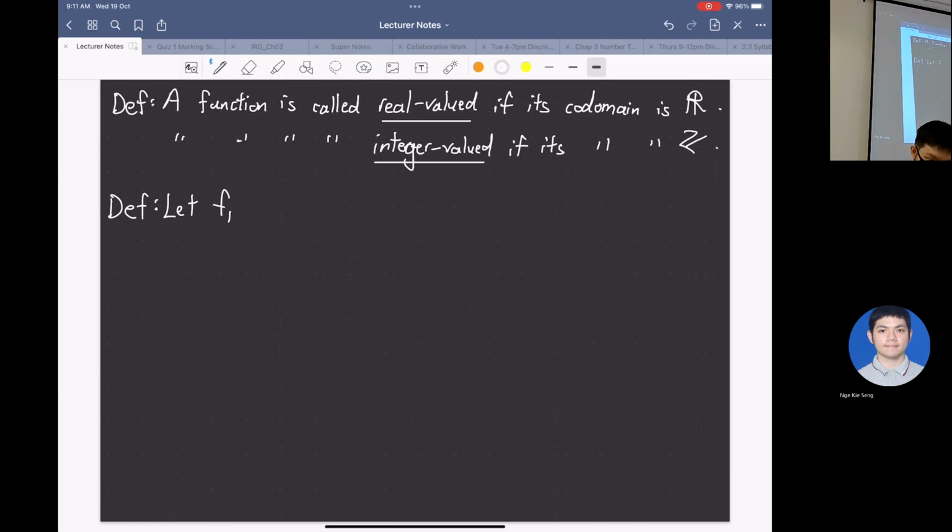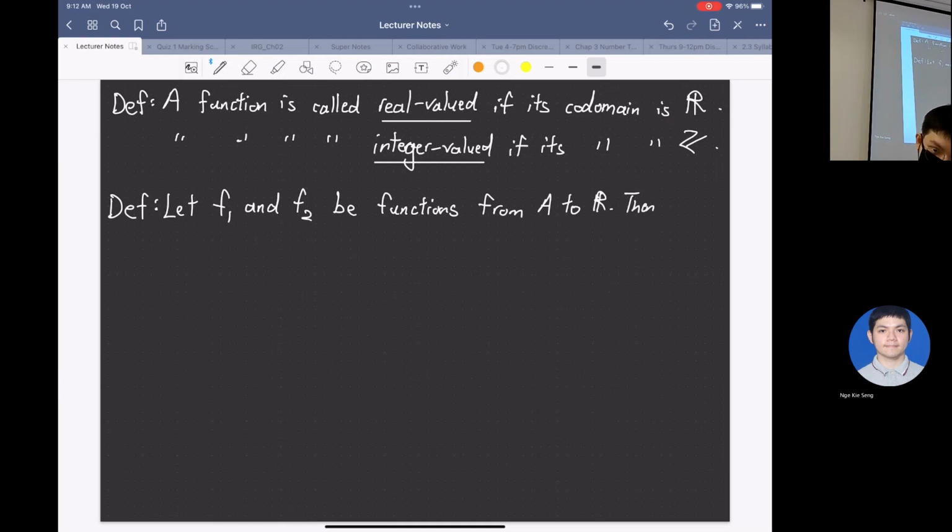Similarly, functions also have an algebra structure. For an algebra structure you need two operations. Remember last time we encountered two algebras: propositional logic, and also set theory with intersection and union. So functions also have algebra structure.